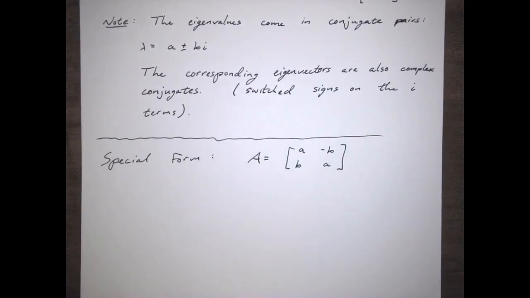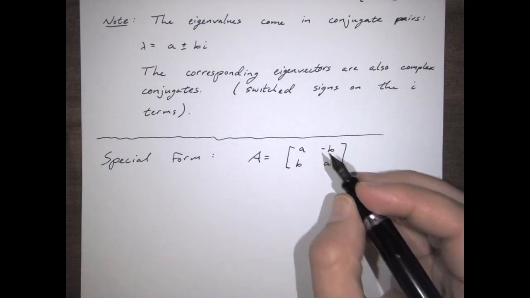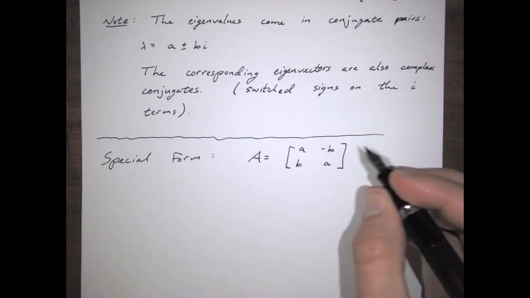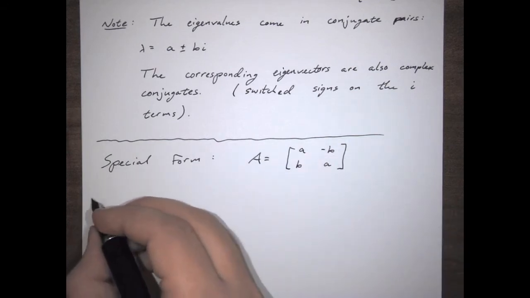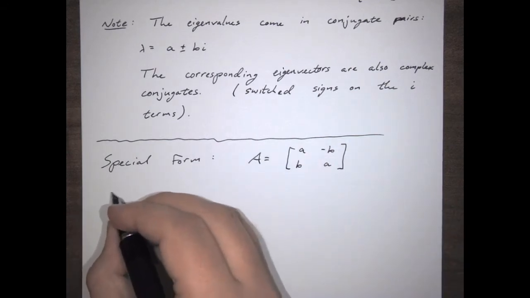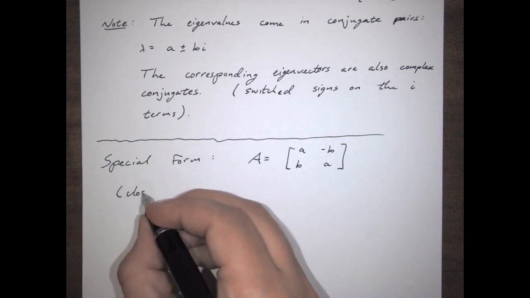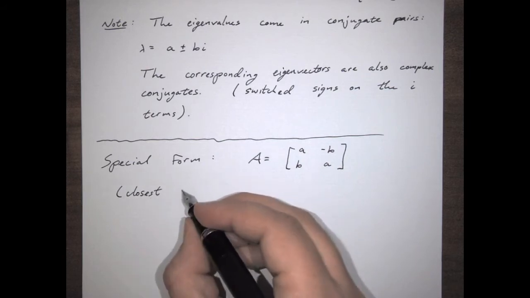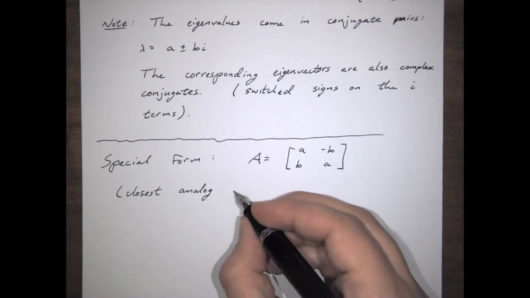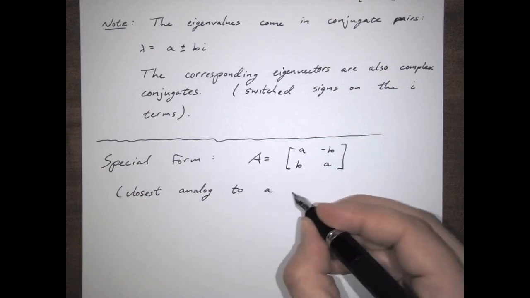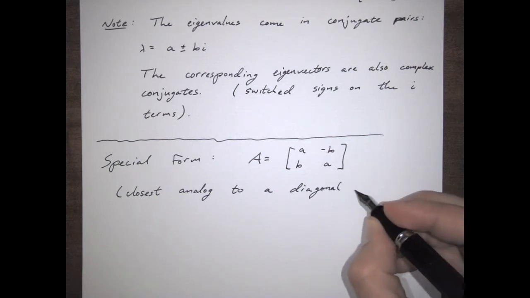So this is a special case of a complex eigenvector or eigenvalue. And this is a special situation that is closest to diagonal, but for these particular kinds of matrices. So this is the closest analog to a diagonal matrix.